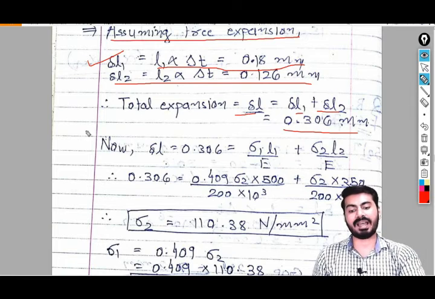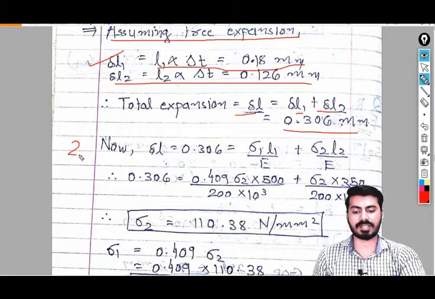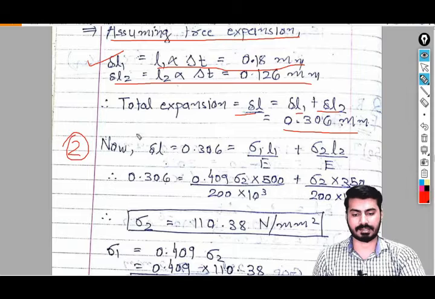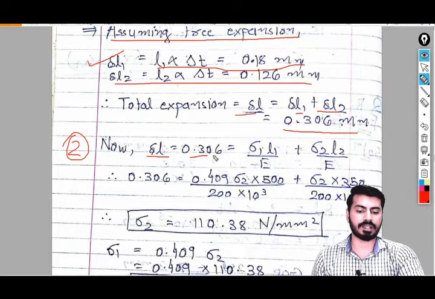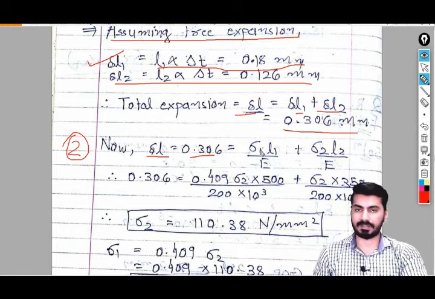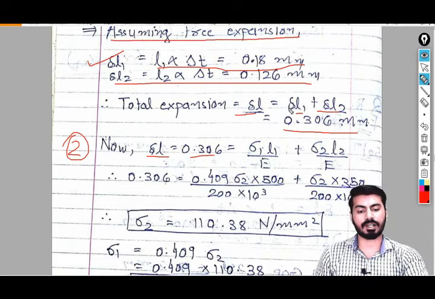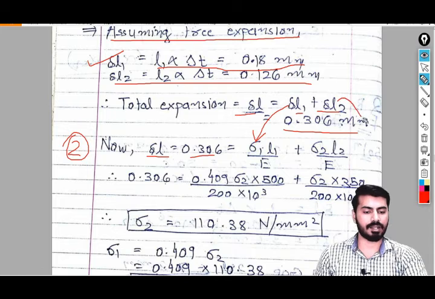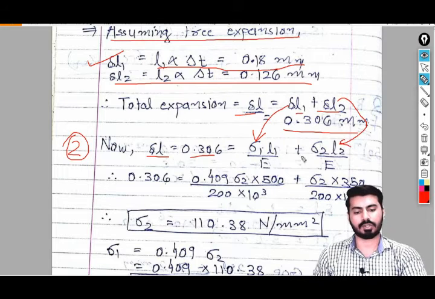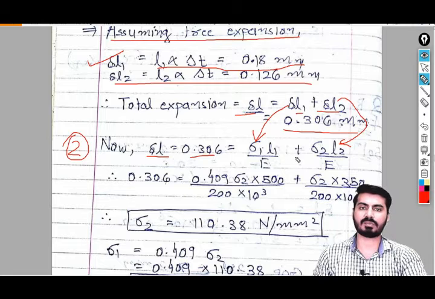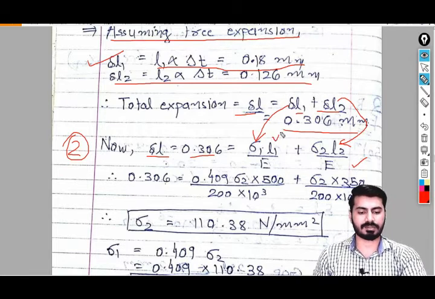Now we will apply our second equation. The second equation was this: delta L, that is total expansion, is equal to delta L1 and delta L2, which can be converted in terms of the stresses and written like this. Okay, so L1 is known.